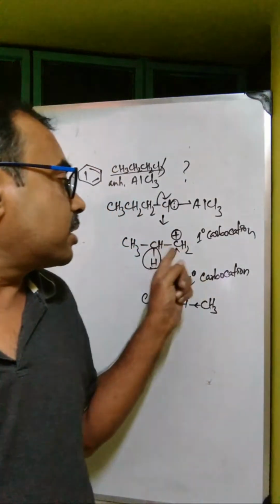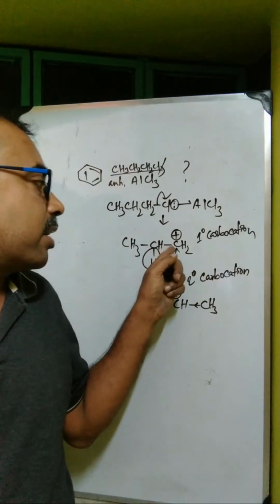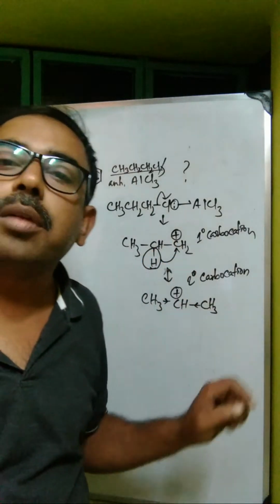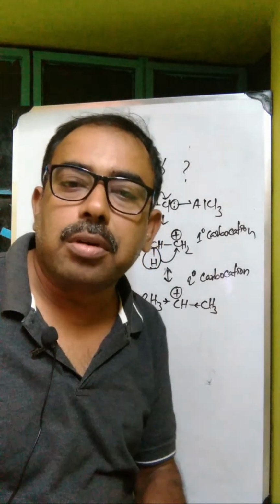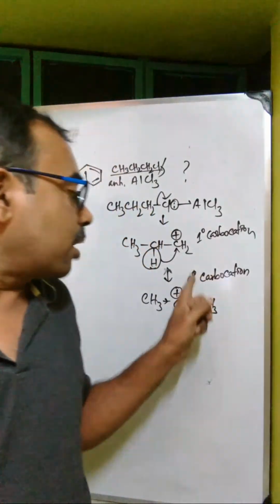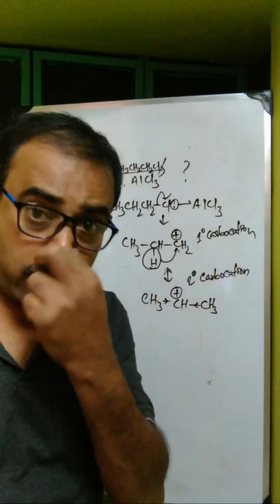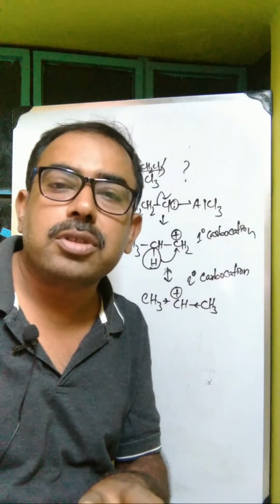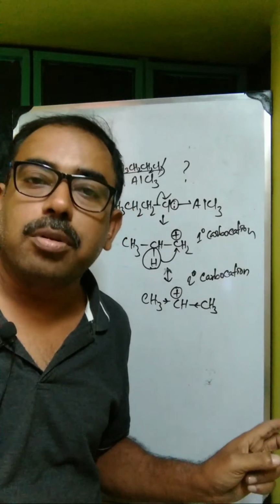Here you can see that the carbon carrying the positive charge is directly bonded to only one carbon. That is why this carbocation is called a 1 degree carbocation. And if the carbon carrying the positive charge is bonded to two carbon atoms at the same time, then this carbocation is called a 2 degree carbocation.